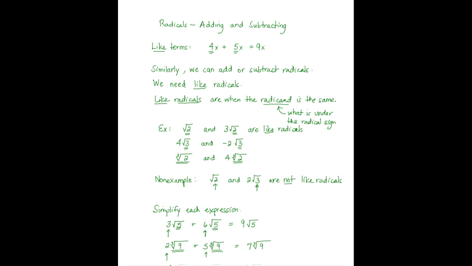What about 6 square root of 5 minus 2 square root of 5? These would be considered like radicals, both of them having a square root of 5. So we're going to keep the square root of 5, and we're going to simplify the 6 minus 2. 6 minus 2 is 4, and we're going to keep the square root of 5.